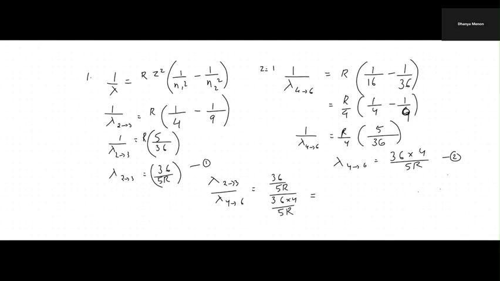So when I cancel the common terms, I get 1 by 4. This is your required ratio.